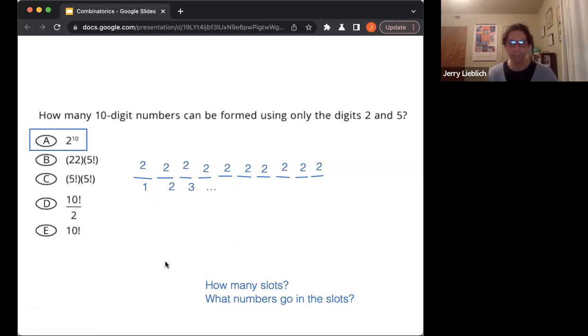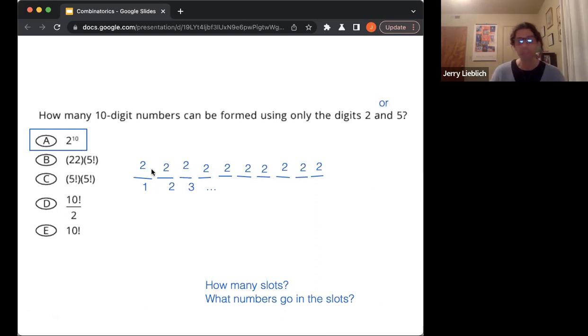I have a question in the chat. What if this said only using the digits 2 or 5? Would that change anything? In this case, no. Now, what I think this person is picking up on is that in these problems, when we see and, we think multiplication. When we see or, we think addition.